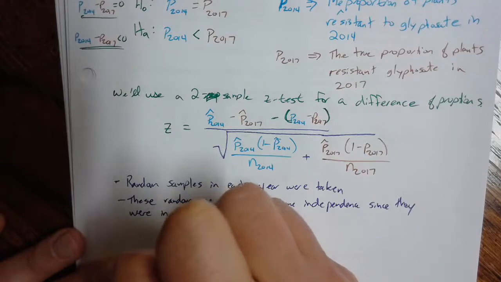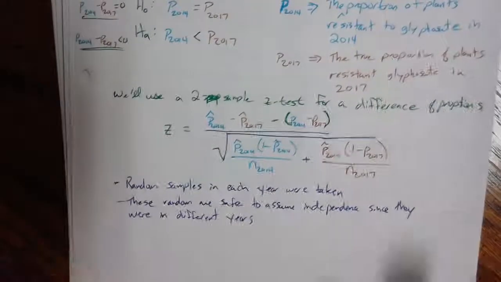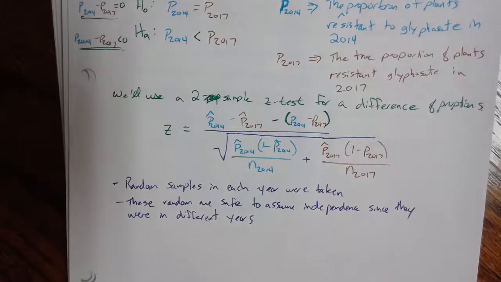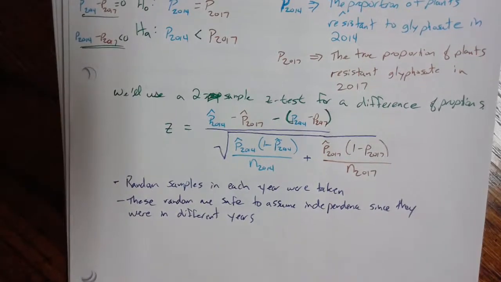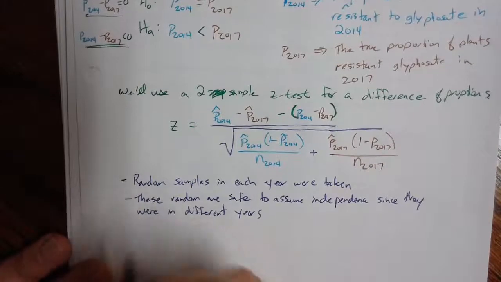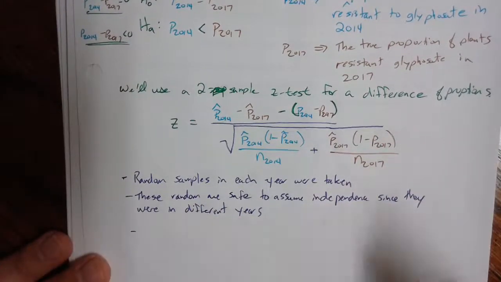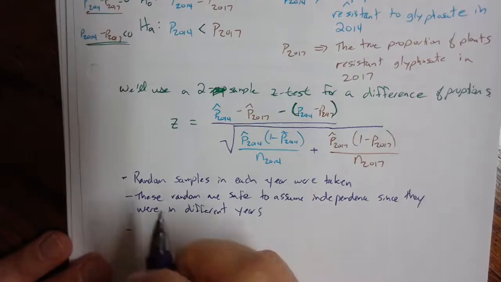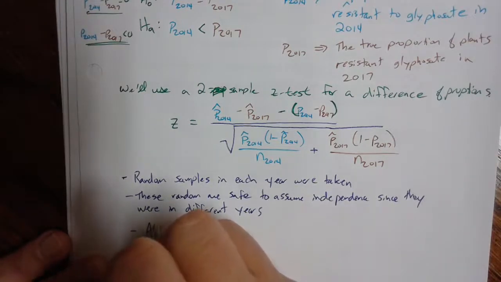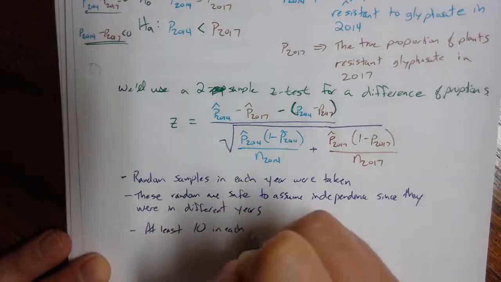We have to make sure that our population is large enough and that our sample is also appropriately sized for making sure that we can assume that this is a normal, approximately normal sampling distribution. So to do that, we're going to make sure that we have at least 10 in each of our groups. So I like to usually make a little table for these. We need at least 10 in each of the following groups.